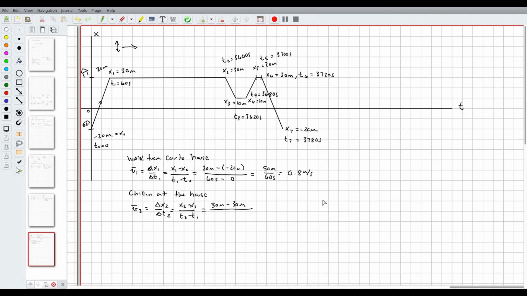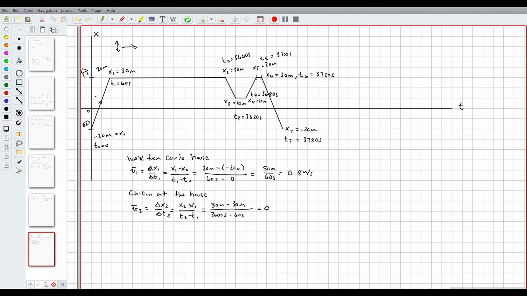I started there, ended up there. I didn't go anywhere, right? Let's just go ahead and plug the times in to be consistent here. This is the 3,600 seconds minus 60 seconds. So we hung around at the house 59 minutes. But when you do the math here, you get 0. So, like I had mentioned before, you're chilling at the house. You're not doing anything. You're not going anywhere. Your displacement for that part, journey 2, we'll call it, is nothing.